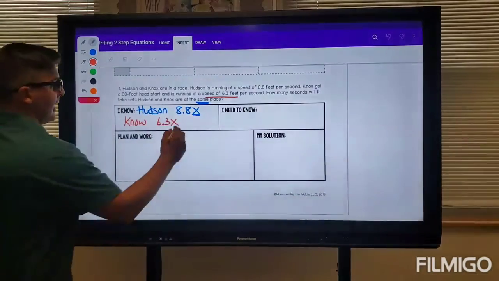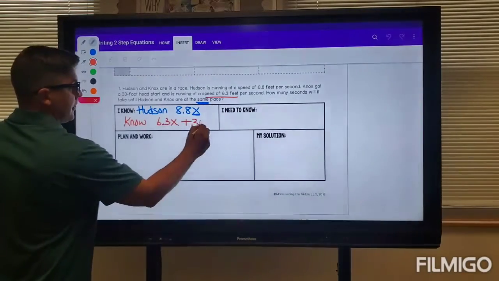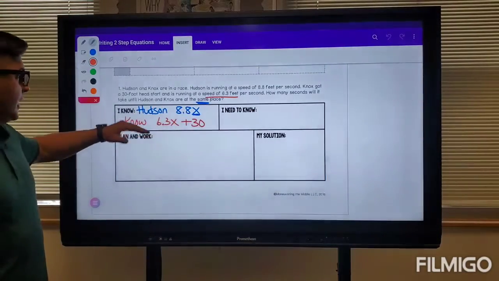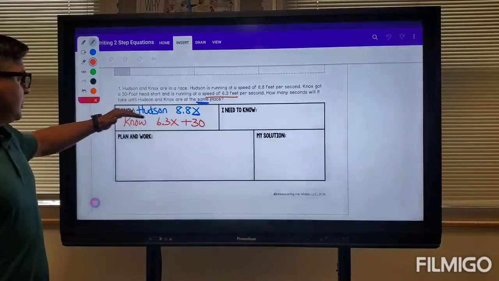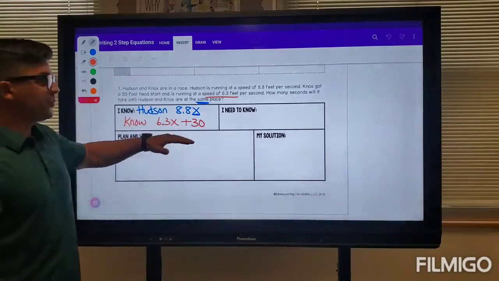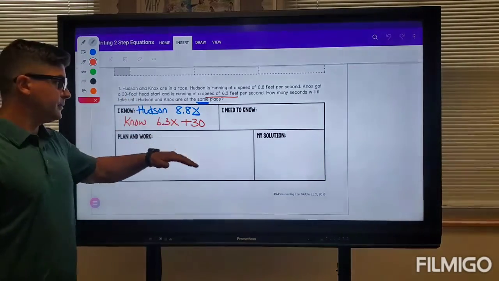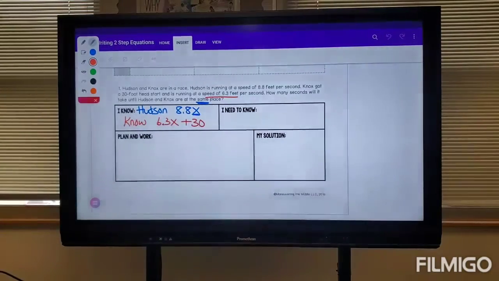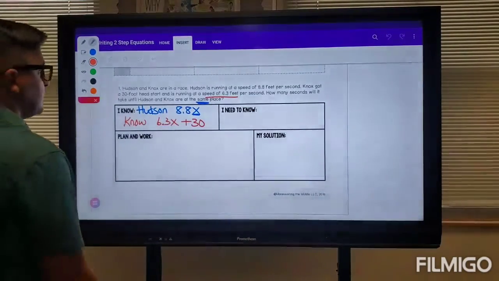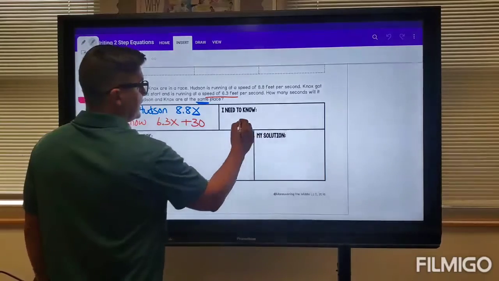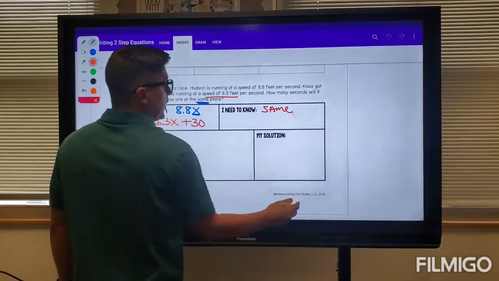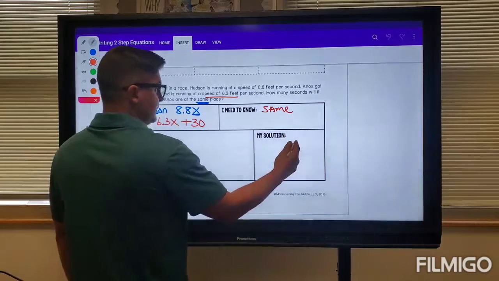So we have to add in the head start that he's given. We have no equal signs right now. We have two different people running, and now we have an expression for each one, okay? So what do we need to know? We need to know when they're going to be the same distance.